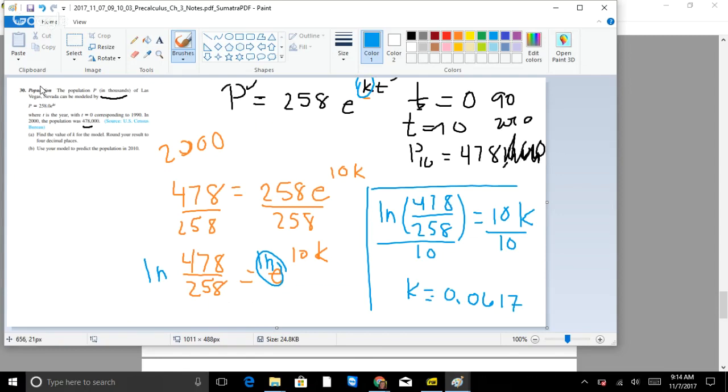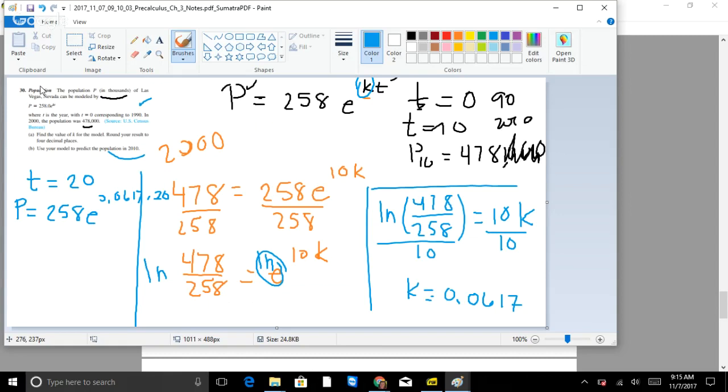If I wanted to predict the population in 2010, I'm going to find out, when time equals 20, because that's 20 years out from our original date of 1990, what is the value of my equation? What is my population? So the population equals 258 e to the constant 0.0617 times 20 years.